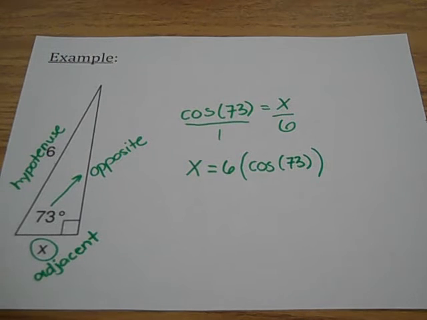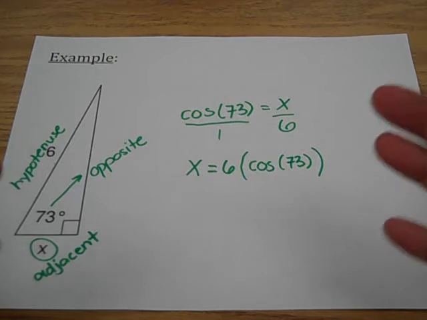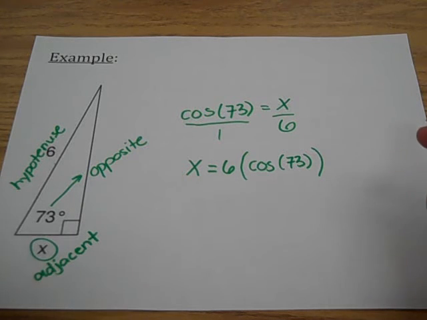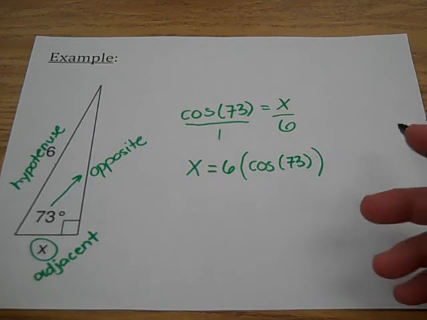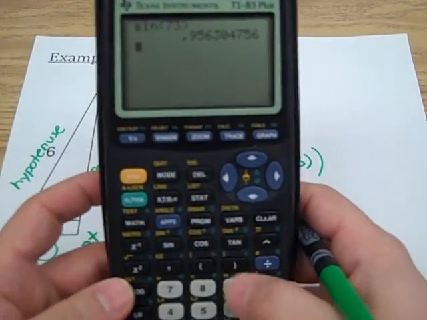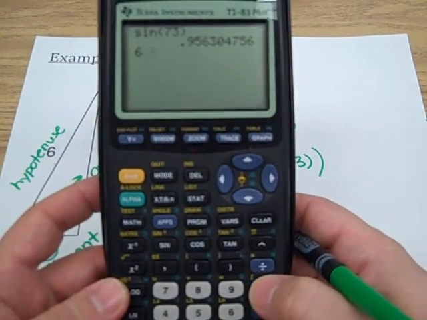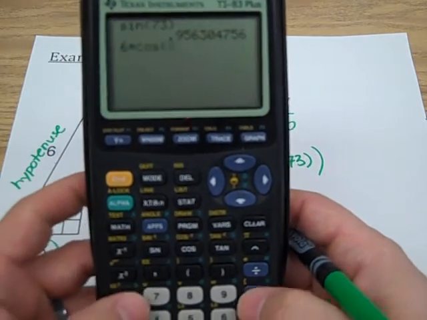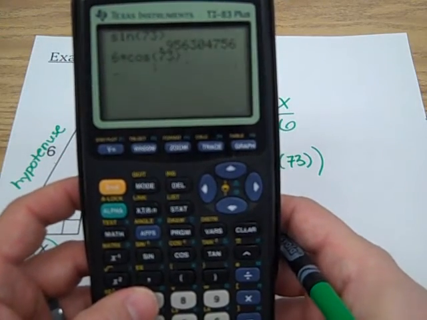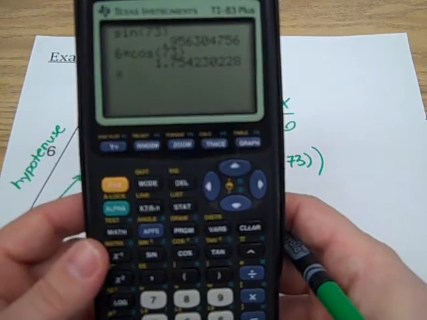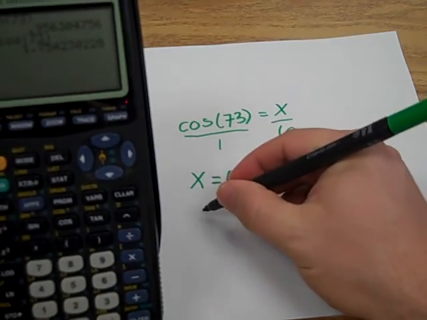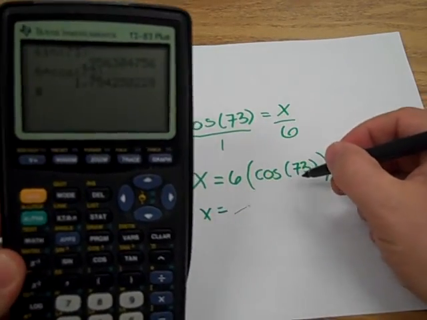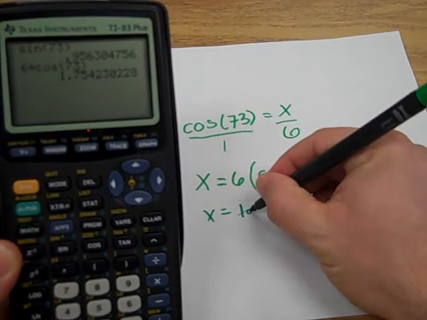Like we talked about at the beginning of this lesson, when we did the sine of 73, it was just a decimal. So cosine of 73 is some decimal that we don't know just yet, but it's just one number, so it stays together. On my calculator, I can do 6 times cos 73, and I get that x is approximately 1.75.